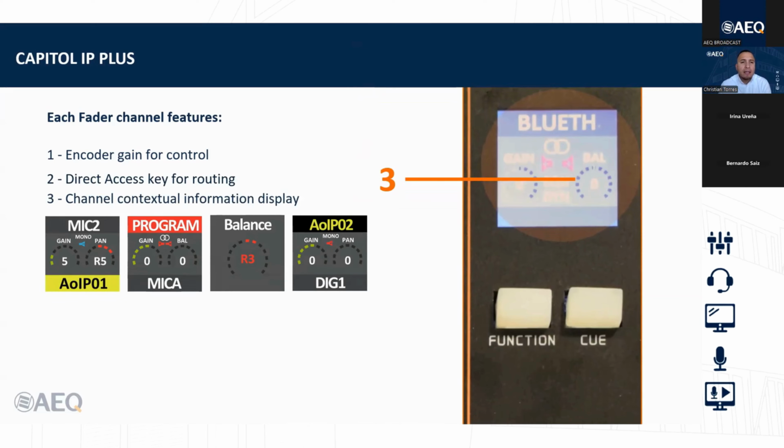Okay, as an example, in this screen, it's possible to see the name assigned for this channel, the gain label, the signal balance or panning, the phase settings, left plus right, left less right, and the mode configuration: stereo, mono right, mono left, and on-air station status, among other functions.